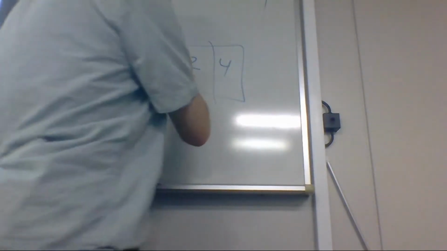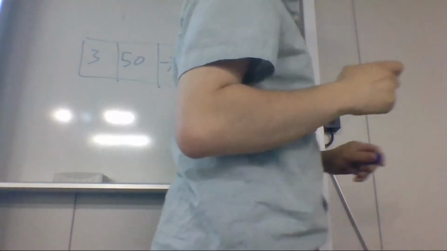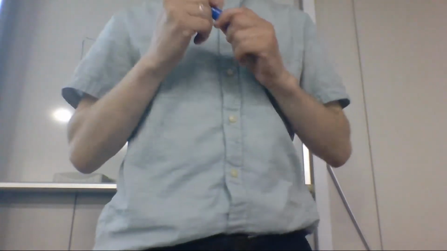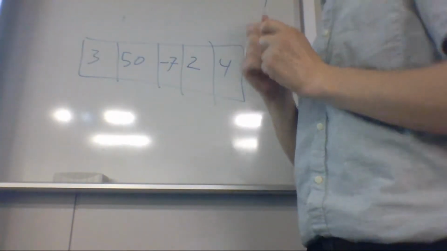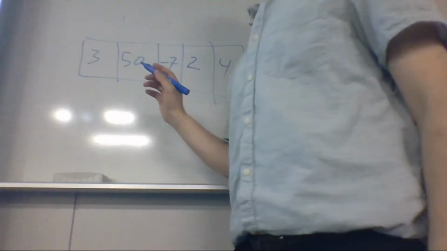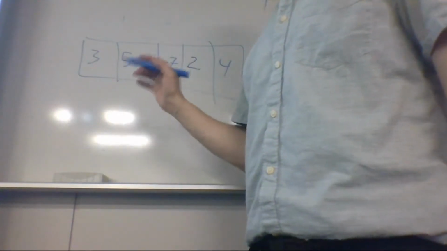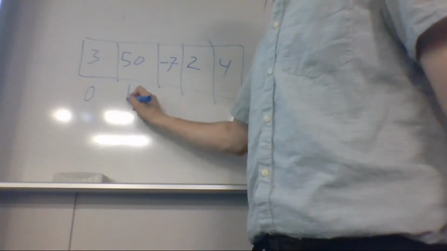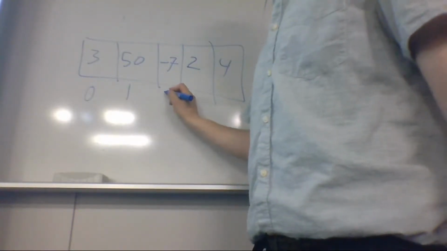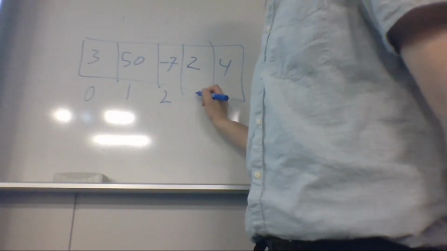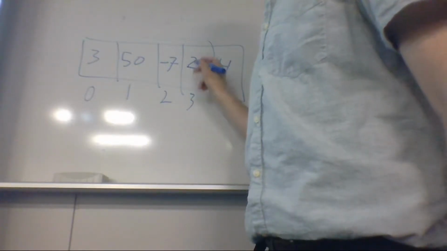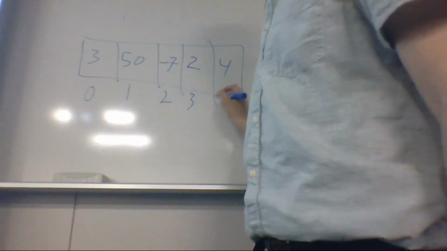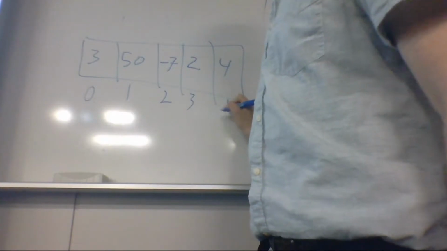You might realize this looks a little like the way we've been dealing with strings, because it's exactly the way. Arrays have values that are indexed, just like strings do. So 3 is located at index 0, 50 is at index 1, -7 is at index 2, 2 is at index 3, and 4 is at index 4.